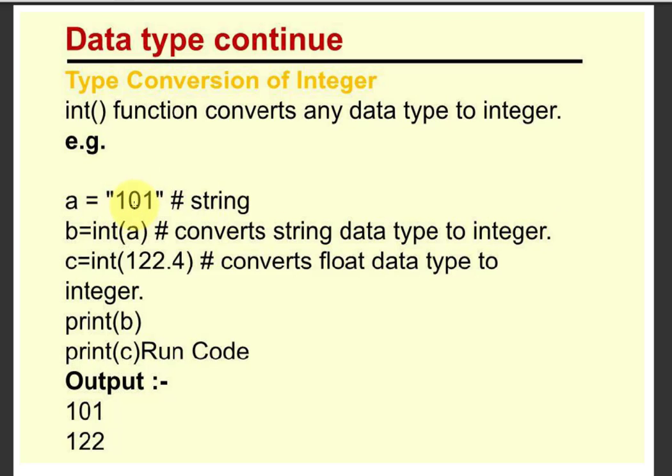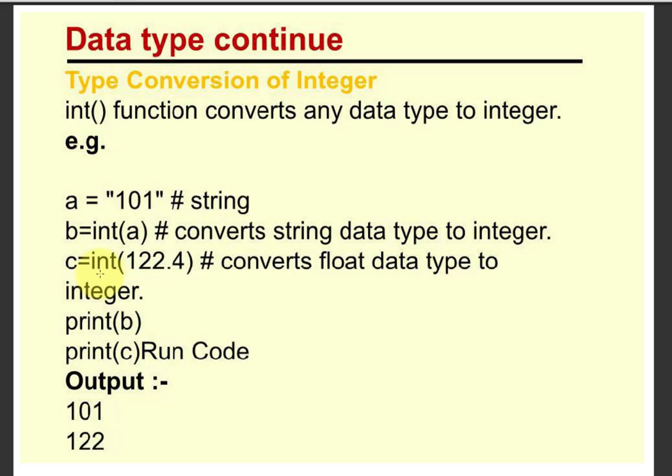So simple, 101 is a string, but after calling the integer method, it will store the string value as an integer.